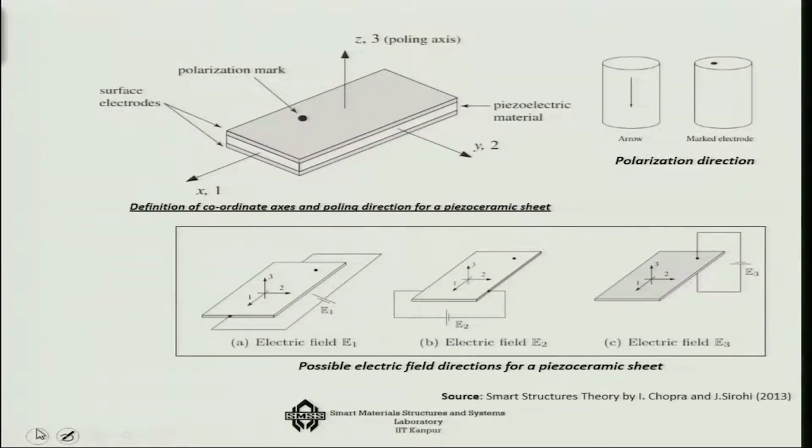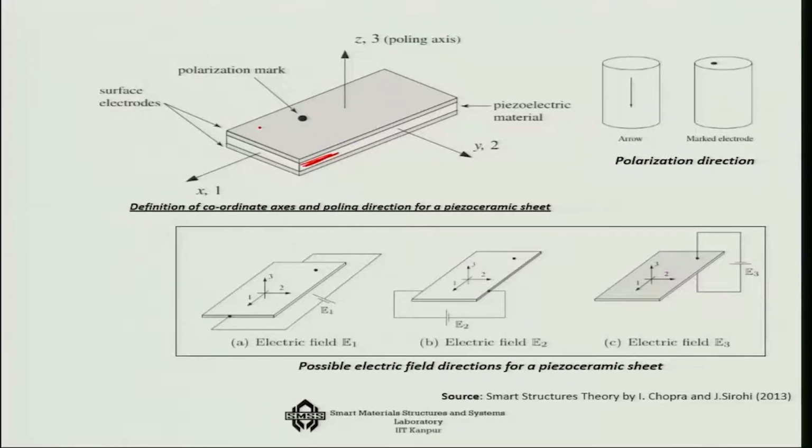So how do we define this piezoelectric effect in the case of a three-dimensional system? We have the core material to be piezoelectric here, as you can see, and there are two surface electrodes where you are actually giving the polarization.